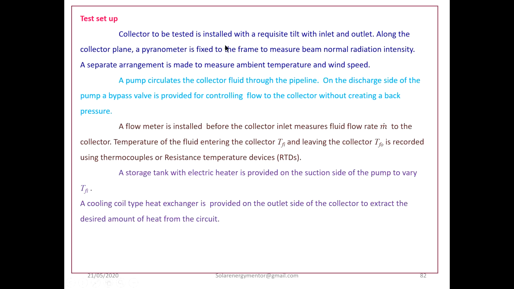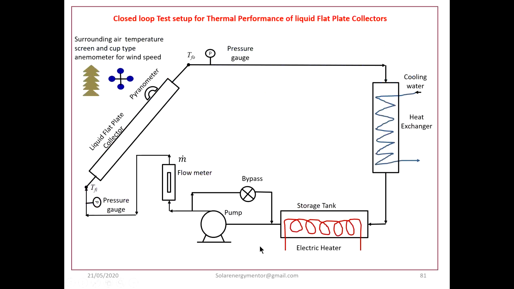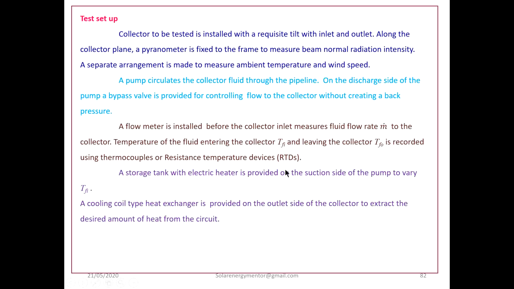So the collector to be tested is installed with a requisite tilt. I am just reading this for the sake of download, for those students or faculty who want a write-up of the test setup. Otherwise, I have already explained this in a previous lecture. So a pump circulates the collector fluid through the pipeline.